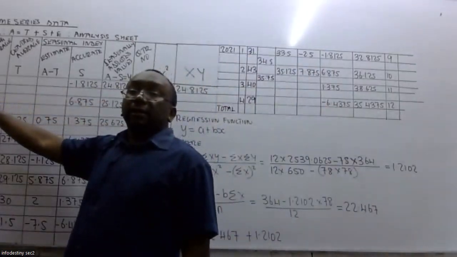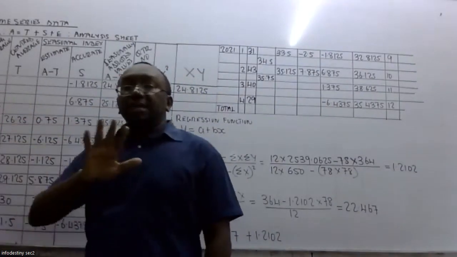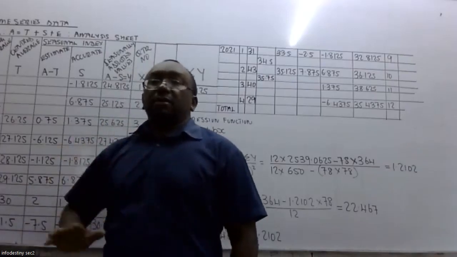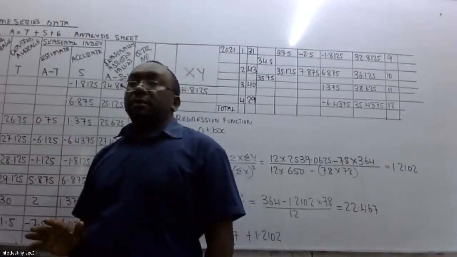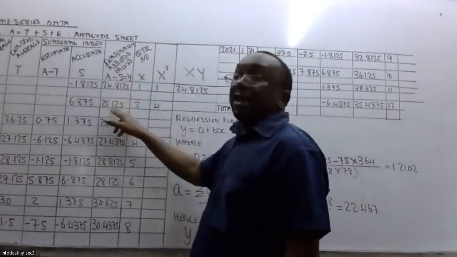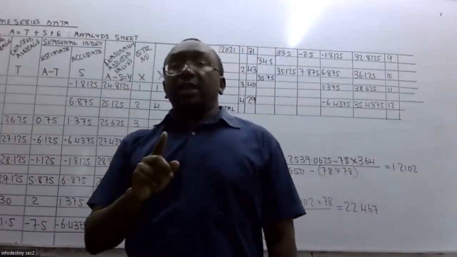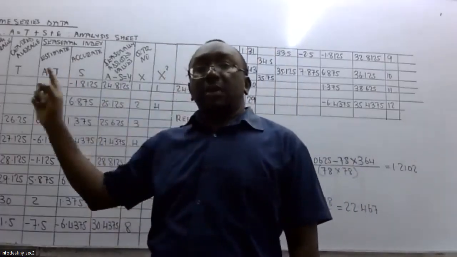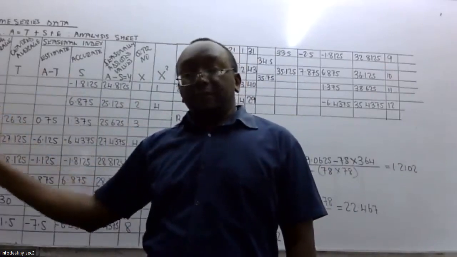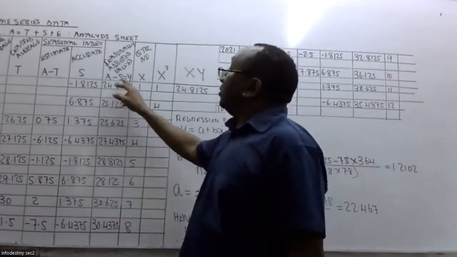These ones we call the original, the ones which have not been adjusted. But these ones, as you can see, we call the adjusted. So when it comes to regression, you can use either the original values as the y, or you can use the adjusted values as your y.